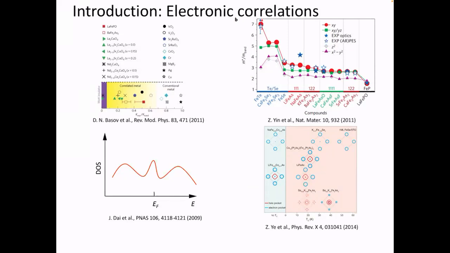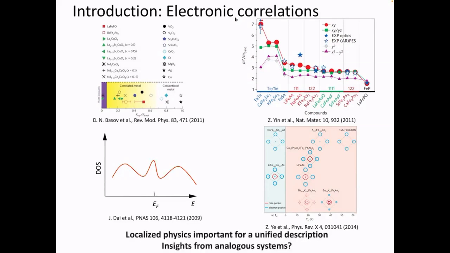So this observation led to the proposal that perhaps the electronic structure at the Fermi surface alone is not sufficient to describe all of the physics of these different series of materials, and that perhaps the localized physics should also be taken into account for a unified description of the various systems.